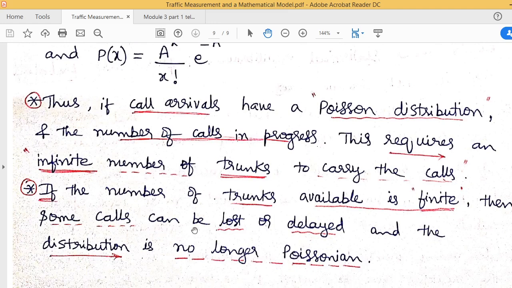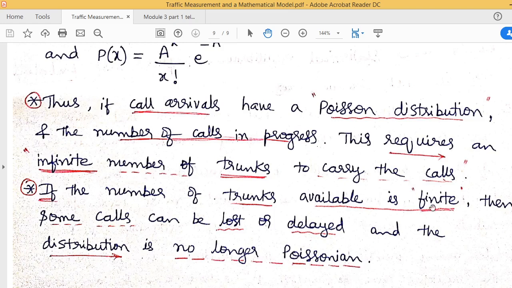In such a case, we will be dealing with some calls that can be lost. Since we have a finite number of trunks, once a large number of calls are incoming, we will end up with some calls being lost, or some calls will be delayed if we have memory. And the distribution is not going to be Poisson distribution.